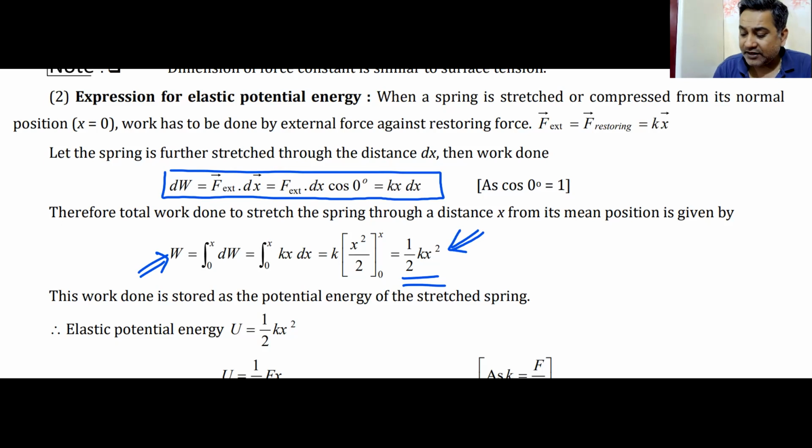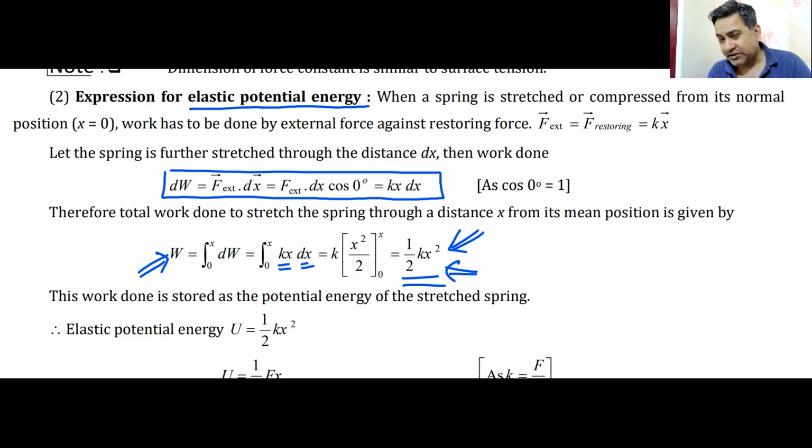And this is the proof for that. Force is k into x, we have just seen that, into dx. We integrate it from 0 to x and we land up with the work done as half kx squared. So this is the formula for work done. Instead of calling it work done, this is the formula for elastic potential energy stored in the spring.